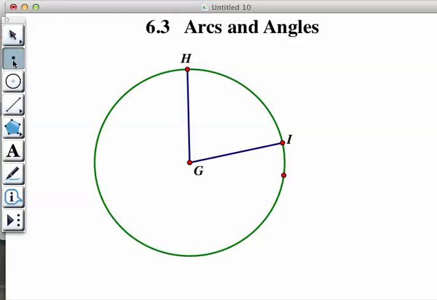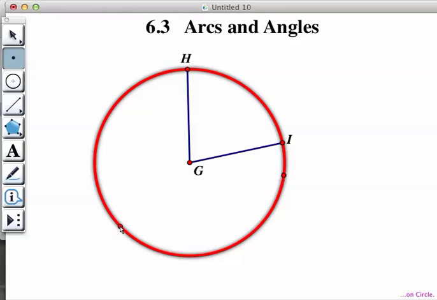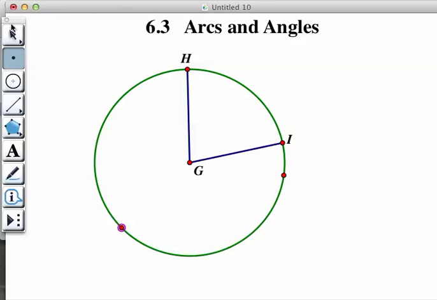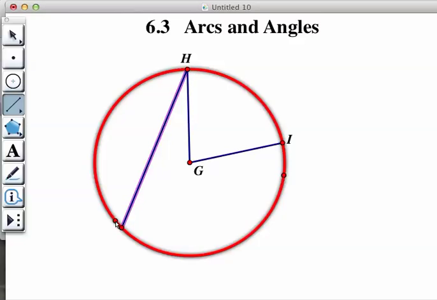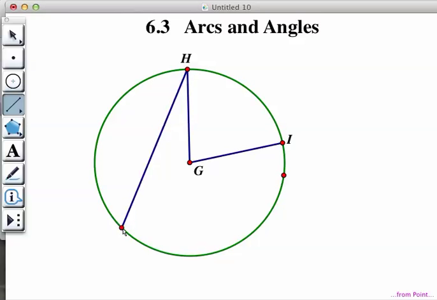Well, now let's learn a new kind of angle. Remember, a central angle has the circle's center as its vertex. But now let's put a vertex on the circle itself. When I have an angle with a vertex on the circle, I call it an inscribed angle.